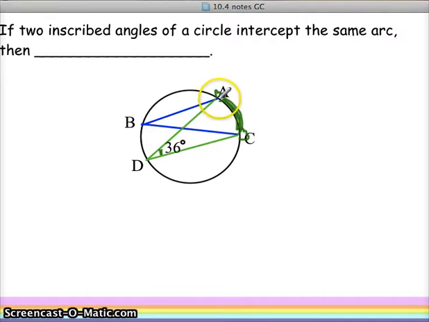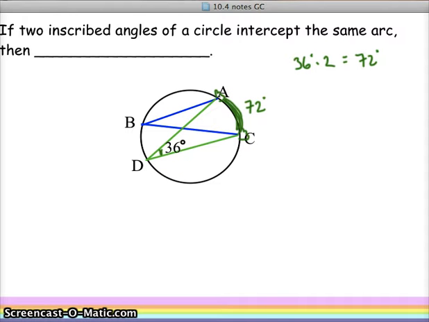Or think of it, the arc will be twice as much as the angle. So if I want to figure out this arc, I would take 36 and multiply it by 2, and that would be 72 degrees. This arc right here would be 72 degrees. The angle is half of the arc, or the arc is twice as big as the angle.